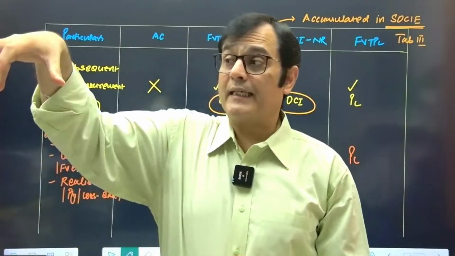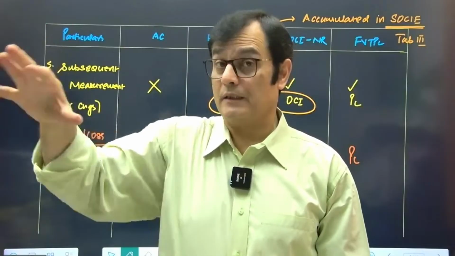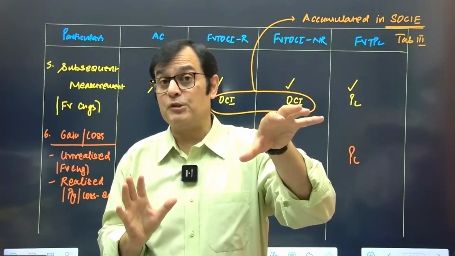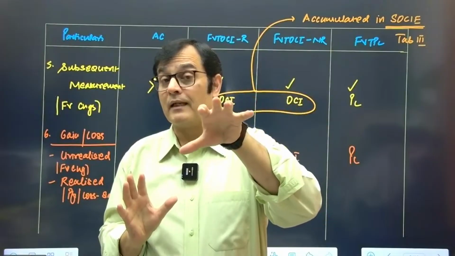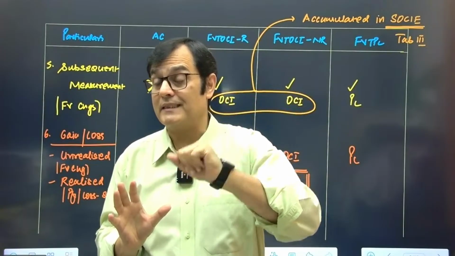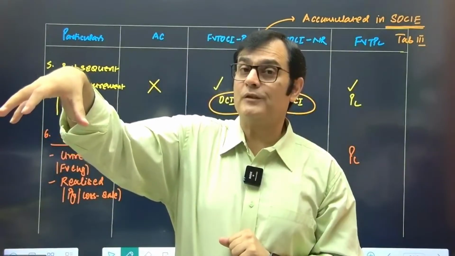And then I'm looking at the accumulated balance in tab 3: what is the treatment on sale? So three different aspects: unrealized gain loss at each balance sheet date, realized gain loss in the year of sale, and the accumulated balance in OCI, what is the treatment on sale?